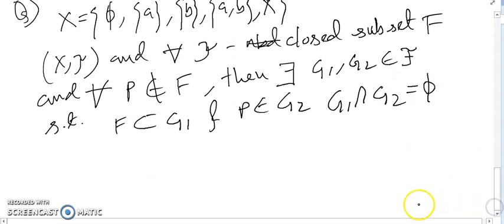So we choose P equals a. What is the closed set?